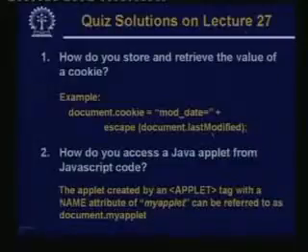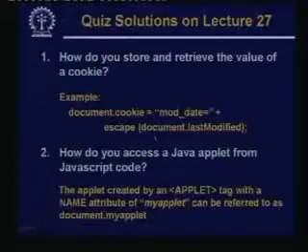This escape document last modified returns the value of the last modified date. Okay. This escape actually removes all the white spaces and special characters, converts them into escape sequences.